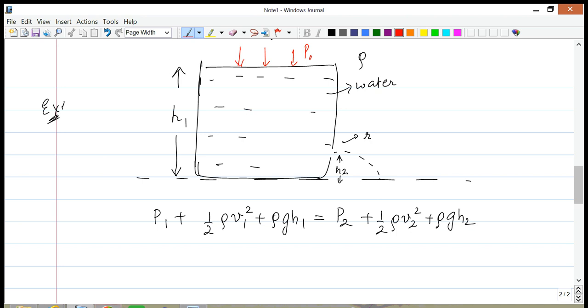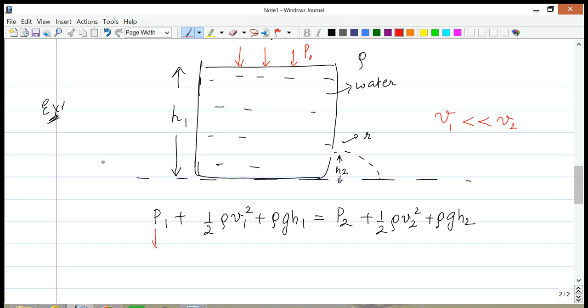The next thing is, we'll make the assumption that the tank is wide enough compared with the hole, where V1 is very, very small compared to V2, the velocity of the fluid exiting the hole. So we'll say that V1 is much, much smaller, and so we'll basically ignore the second term.